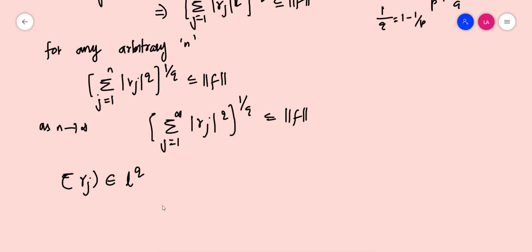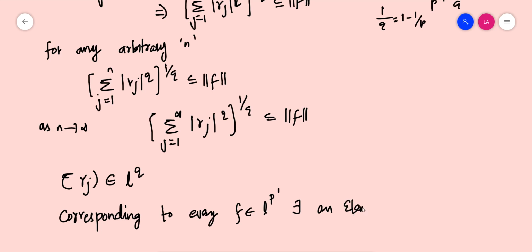Corresponding to every f in LP dash, there exists a sequence gamma j that belongs to LQ, where gamma j is defined as f of ej, where ej is the Schauder basis of LP. We have done this. Now we have to do the reverse part as well.